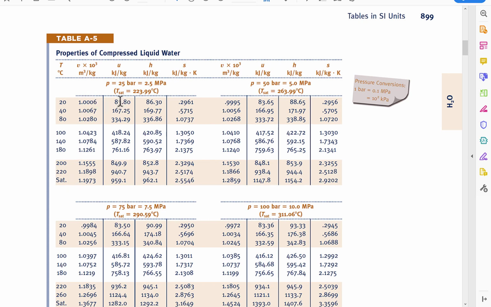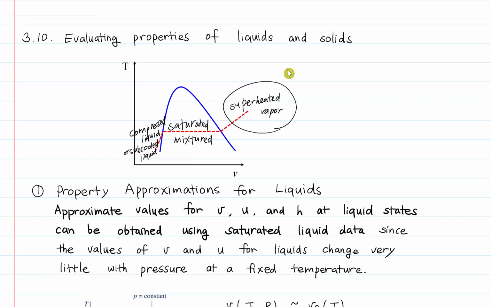Specific volumes, internal energy, enthalpy, and entropies are shown at different pressures and temperatures. The best way to determine accurate property values for compressed liquid, or subcooled liquid, is to use the property tables. But this is the only table available for compressed liquid in our textbook. We do not have property tables for other compressed liquids. They are not commonly available.